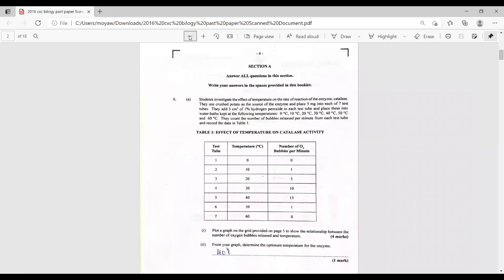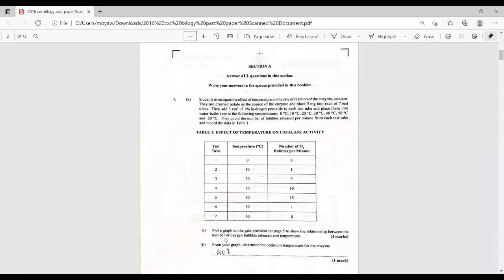So all I did was figure out what should go on the y-axis and what should be on the x-axis. So based on what they said, plot a graph on the grid provided on page 5 to show the relationship between the number of oxygen bubbles released and temperature.